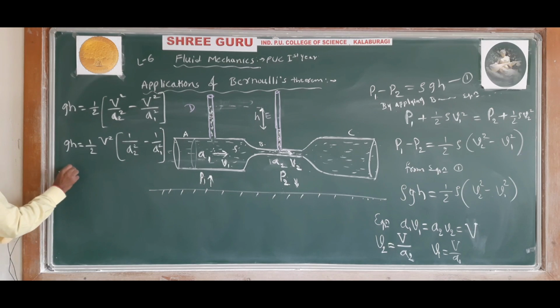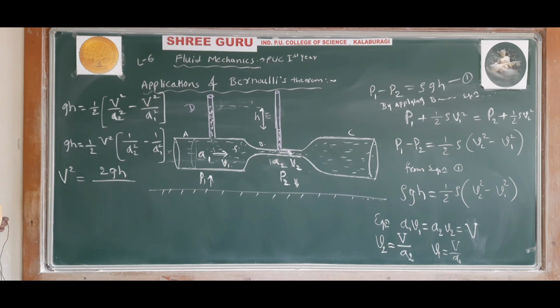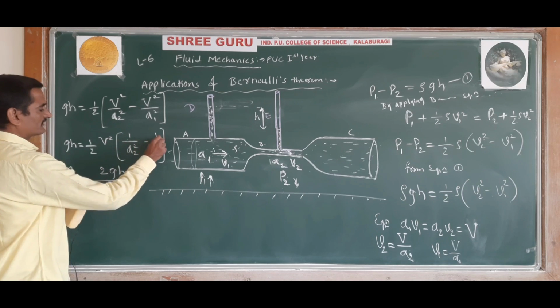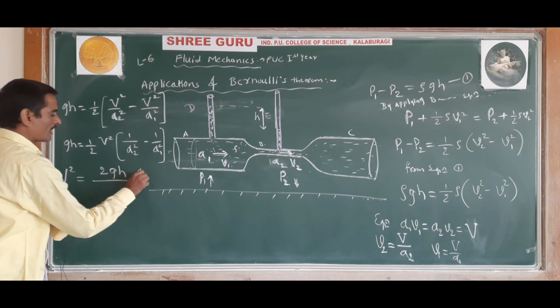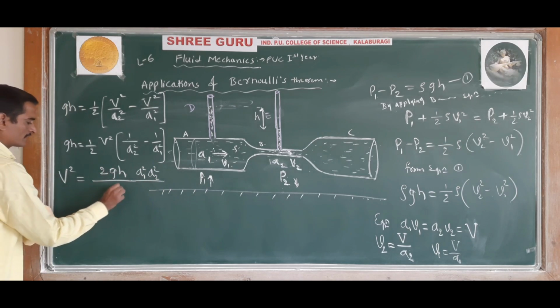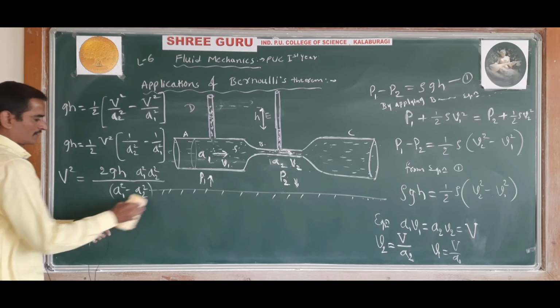So therefore V square is equal to 2GH divided by, now cross multiply, A1 square minus A2 square divided by A1 square into A2 square. When it is taken to this side, A1 square into A2 square goes to the numerator and A1 square minus A2 square comes in the denominator.